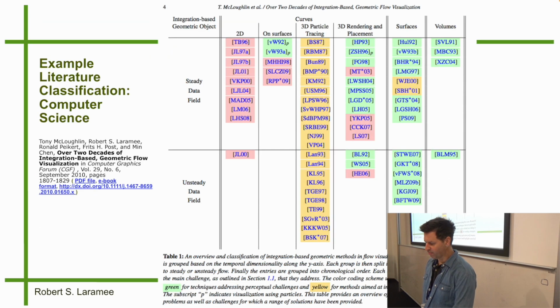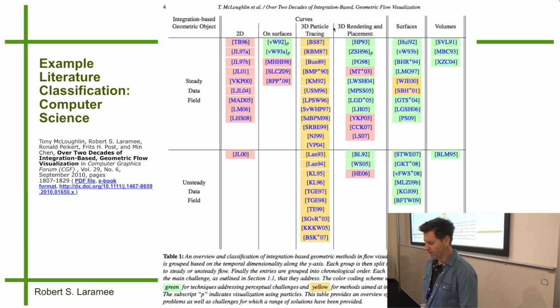Here's another example. Again, it's a three-dimensional example. On the x-axis, we have the kind of geometry that the algorithm outputs.